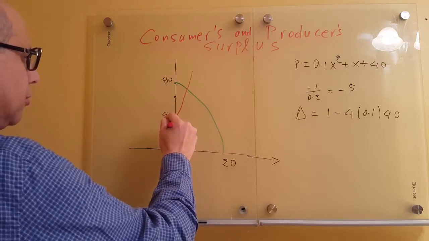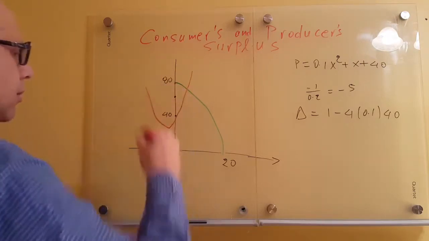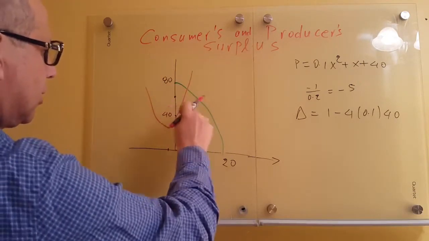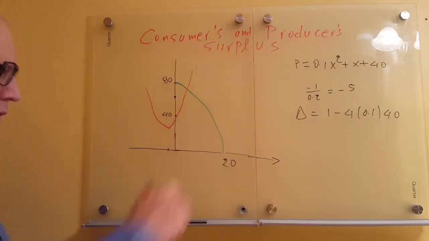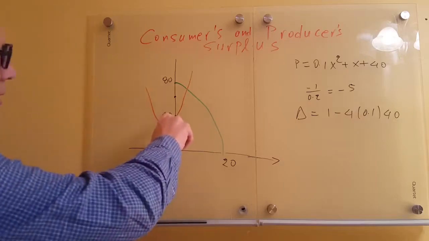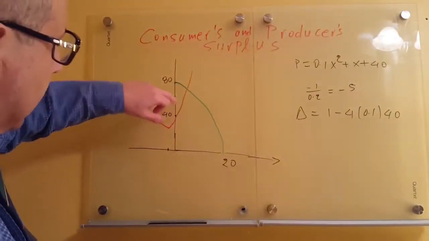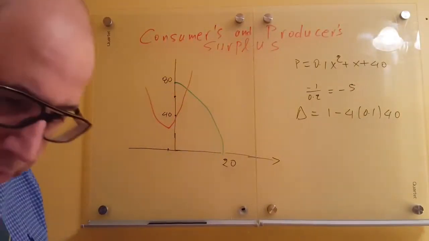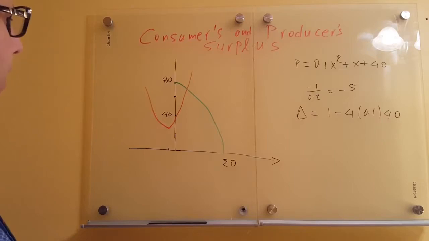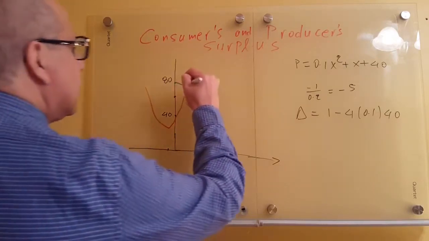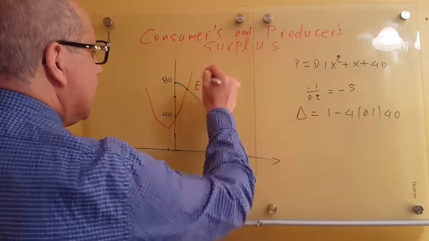Of course you can go like this, but we're only interested in whatever is in the first quadrant, which is this part here. So now we want to find the point of equilibrium.